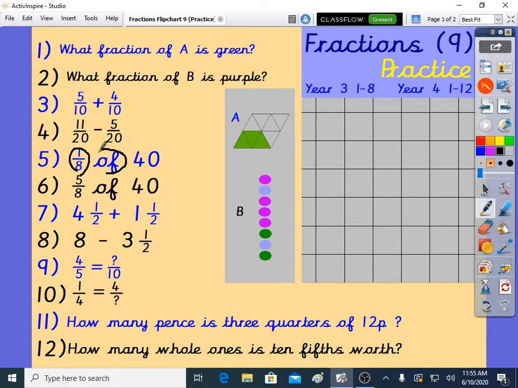Fractions of a quantity. Hopefully by now you know that quantity means a number. So we need to do 1/8 of 40. Let's write the question number, 5. 1/8 of 40. How do you find 1/8 of 40? You divide it by 8. You get your 40 and you divide it by 8. And a great way of doing that is singing your 8s up to 40.